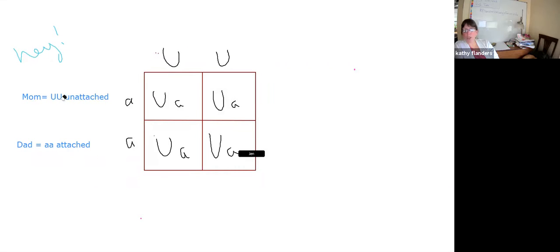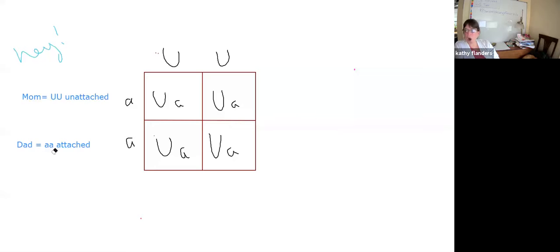On this box, once you have given mom and dad their alleles, it doesn't matter whether you put dad's alleles on top or on the side. One of them is going to be mom's alleles and one of them is going to be dad's. Dad only has these two alleles.